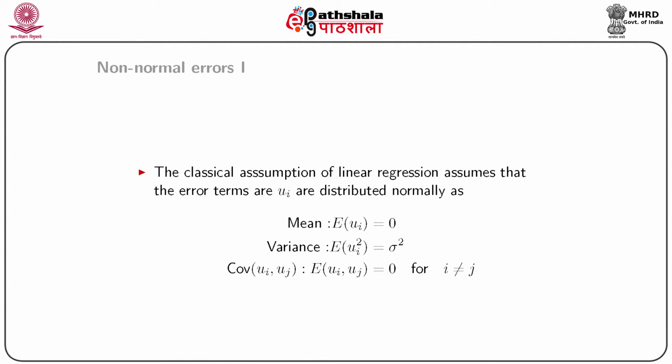And we also assume that the covariance between ui and uj, that is, expected value of ui uj, equals 0 for i not equal to j. Covariance of ui uj being 0 asserts the assumption of no autocorrelation between serial error terms.